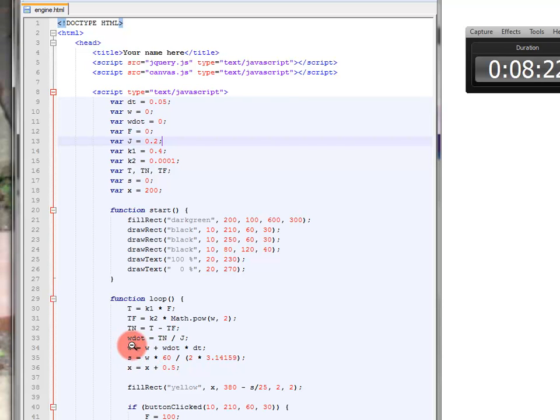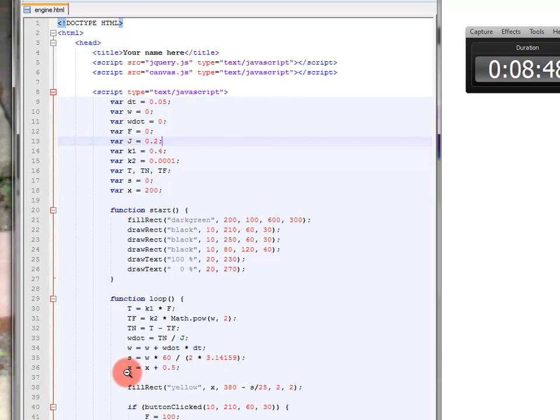So the one on the left hand side is the new value of W, and that's the old value of W. And remember, this is running every 50 milliseconds. Then we have speed equals, this is the RPM, is equal to the radians per second times 60 divided by 2 pi. Keep these in brackets, otherwise it'll start multiplying by pi and you want it to divide by pi.